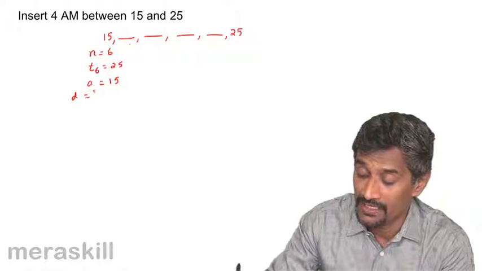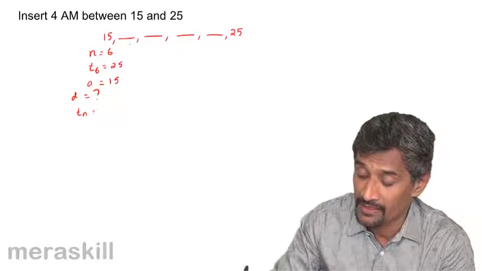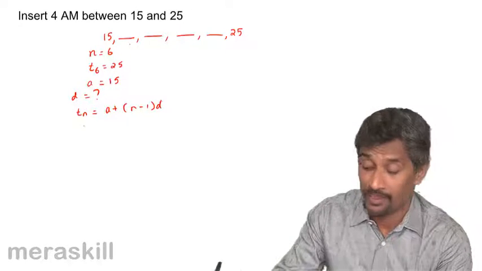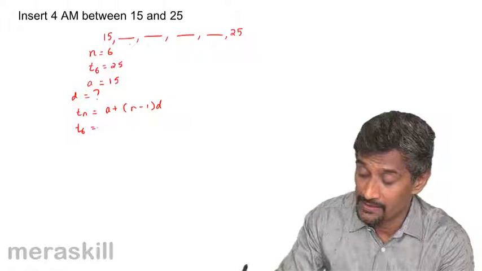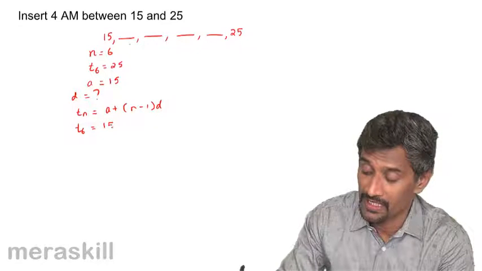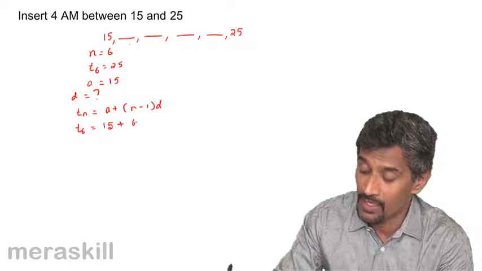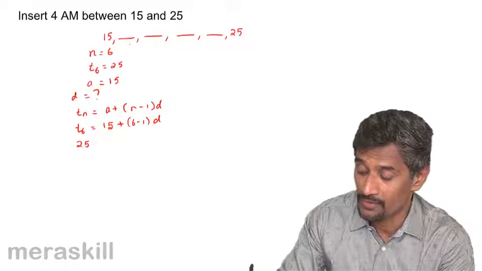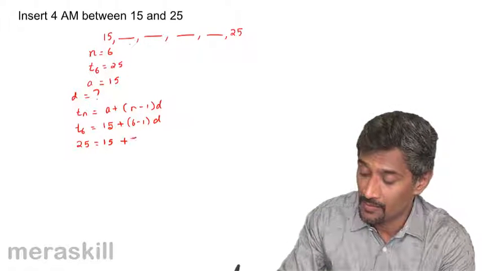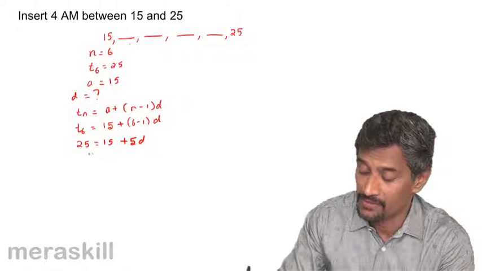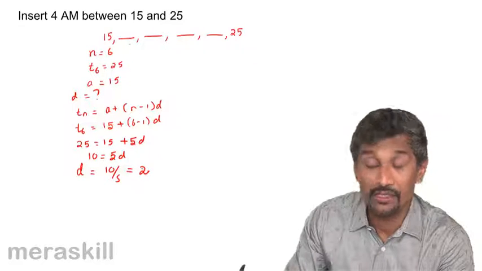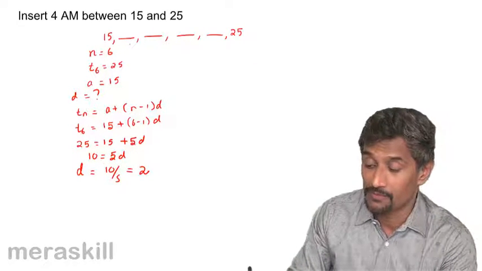We need to find D. We know Tn is A plus N minus 1 into D. That is T6 is equal to 15 plus 6 minus 1 into D. Now T6 we know is 25, so 25 is 15 plus 5D. So 25 minus 15, 10, is equal to 5D. So D will turn out to be 10 upon 5, which is 2. That means the common difference is 2.